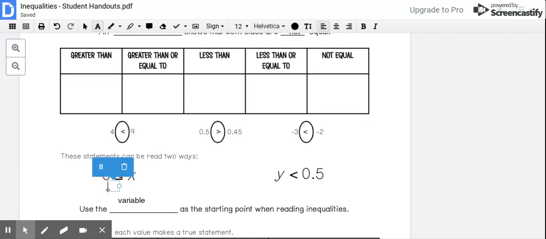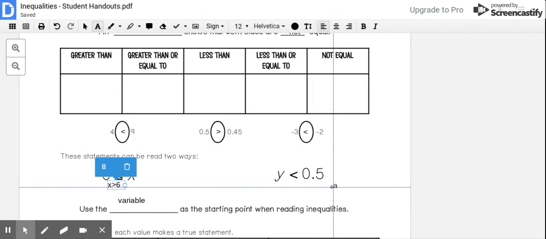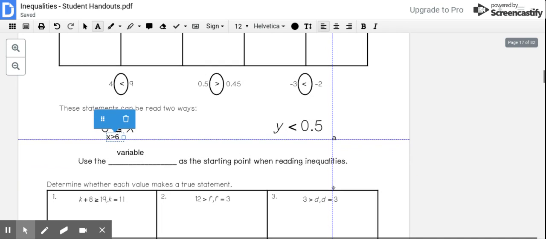So if you want to, you can get in the habit of flip-flopping them around. So you would have x, and then you would have to flip your sign around. And I'm not really sure how to get the equal sign underneath there, so I'm just going to go like that. And then 6. So x is greater than or equal to 6. And on this one, we can just read it as y is less than 0.5.